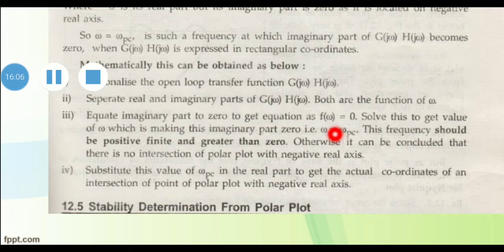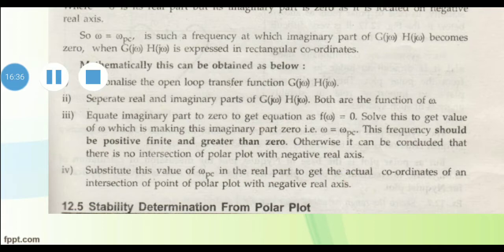Solve this to get value of omega which is making this imaginary part 0, that is omega is equal to omega pc. The frequency should be positive, finite and greater than 0. Otherwise it can be concluded that there is no intersection of polar plot with negative real axis. So substitute this value of omega pc in the real part to get the actual coordinates of the intersection point of polar plot with negative real axis.